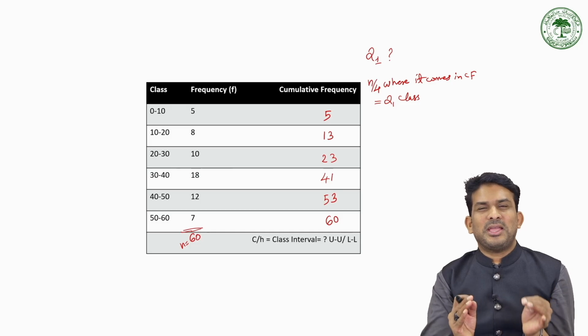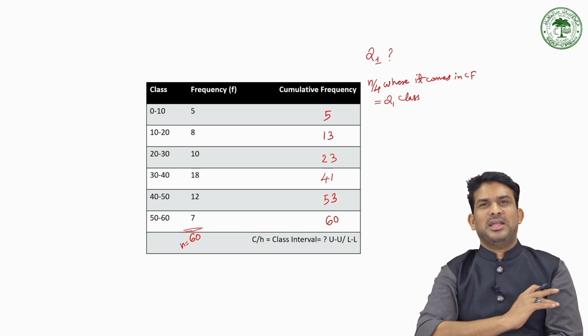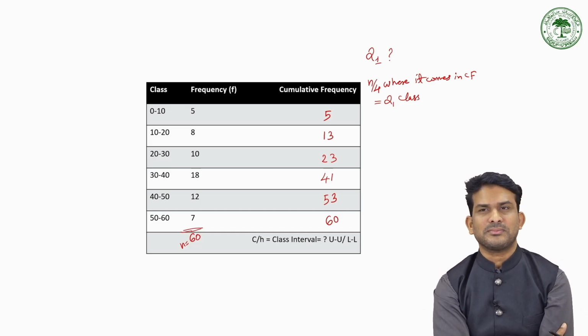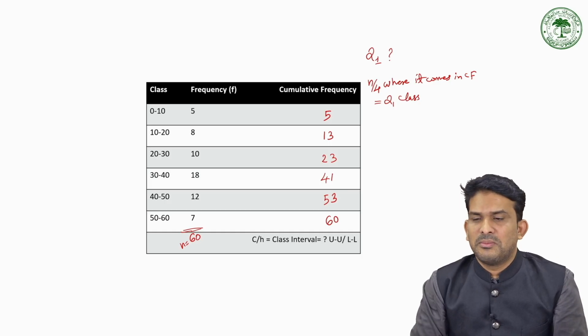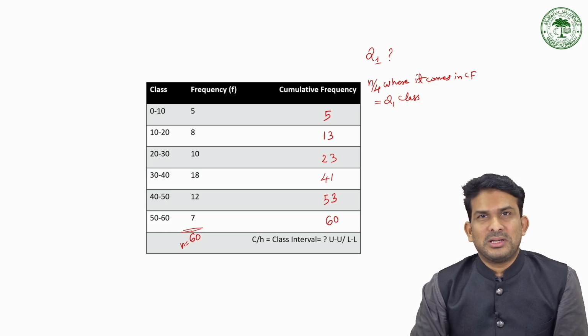So now we have clearly identified the cumulative frequency of each class, right? Now, identify the Q1 class.